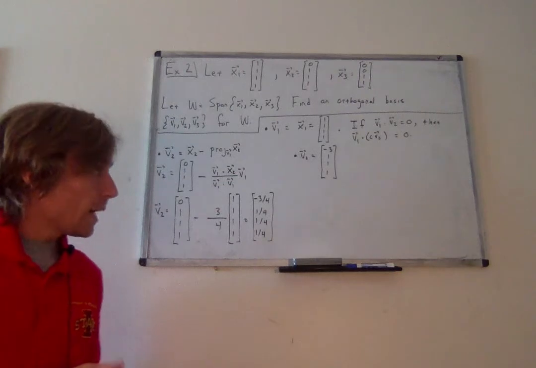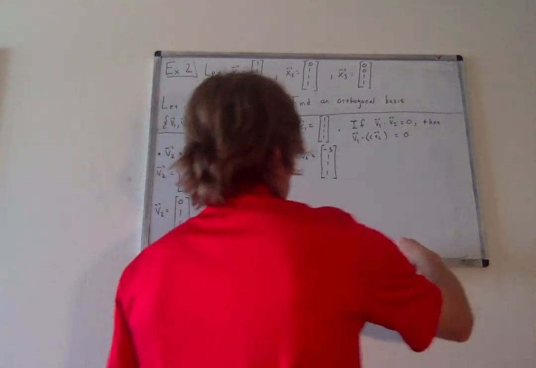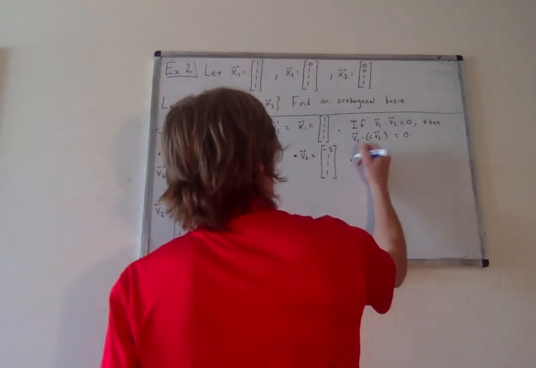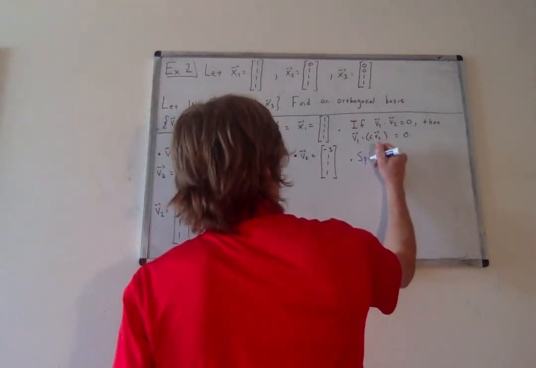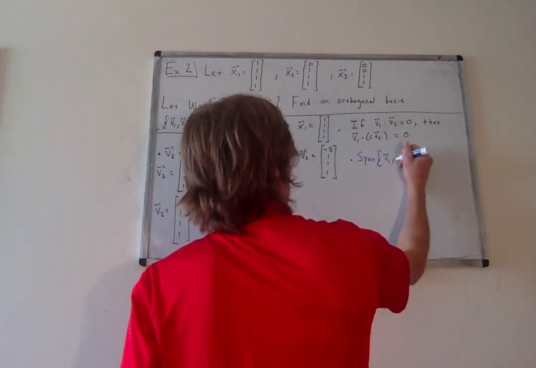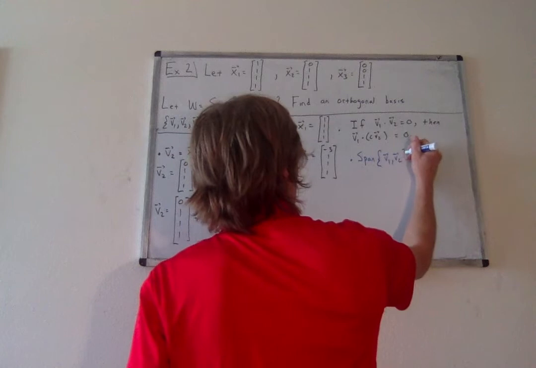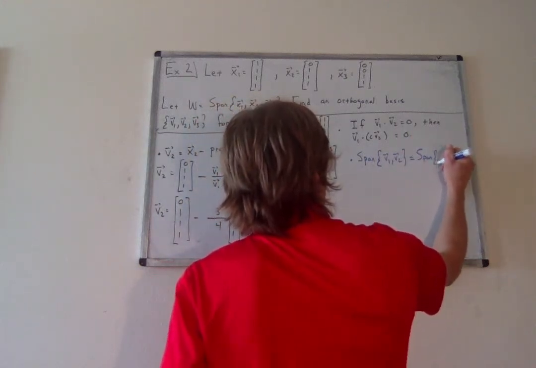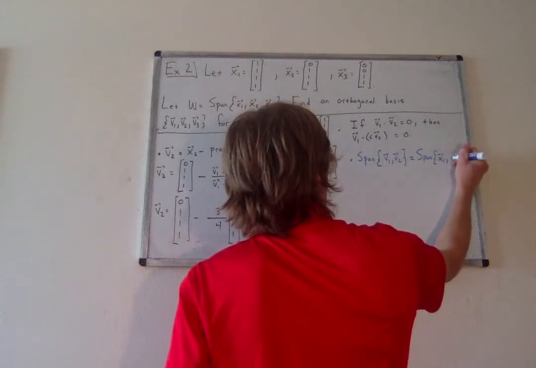And so what we have so far to this point is two vectors v1 and v2, so that the span of v1, v2 is equal to the span of x1, x2.